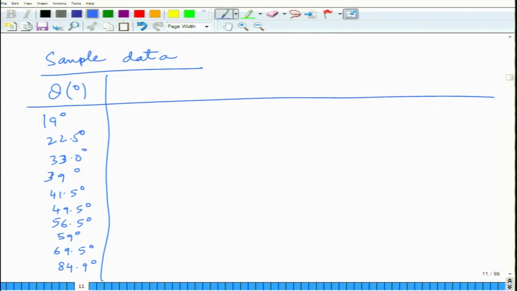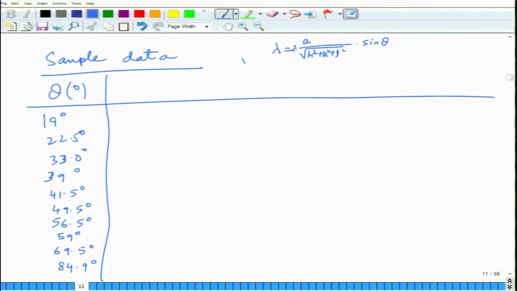Note, this is theta, not 2 theta; it is 2 theta divided by 2. And we know that for a cubic crystal, lambda is equal to 2 into a divided by root of h square plus k square plus l square, into sin theta. This is the formula that we know.